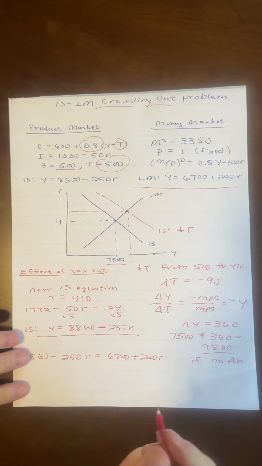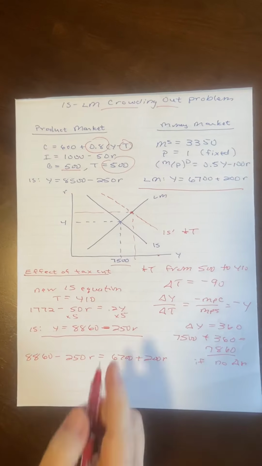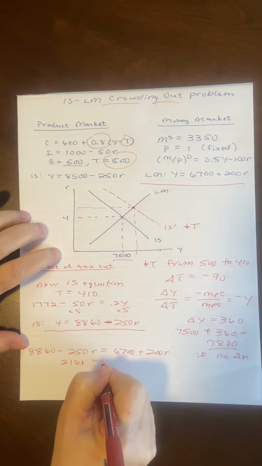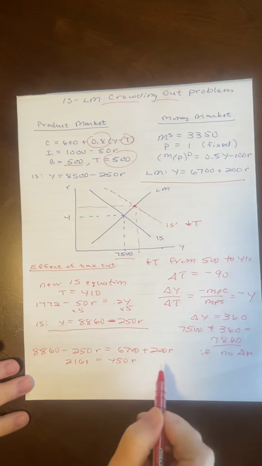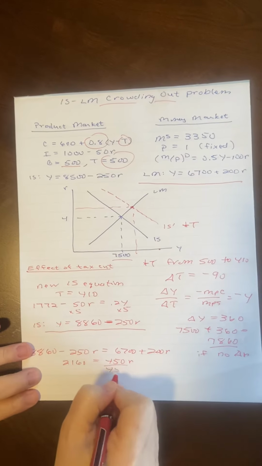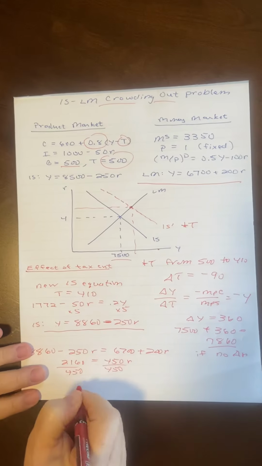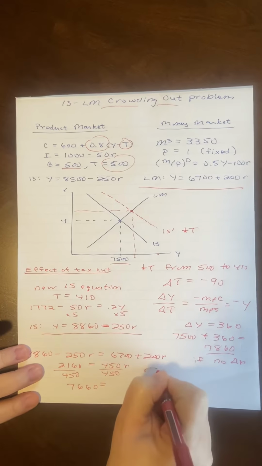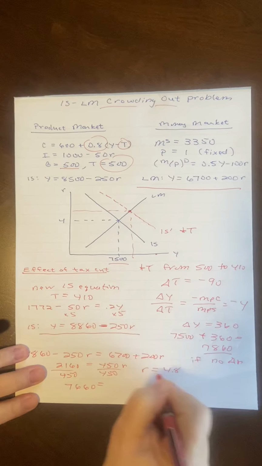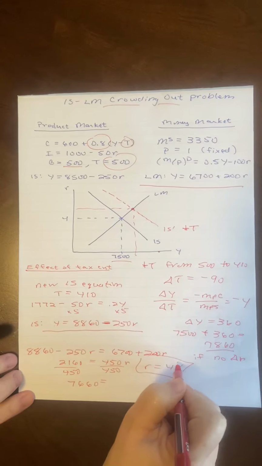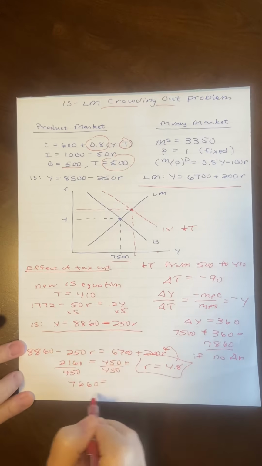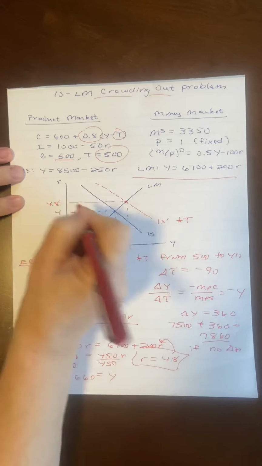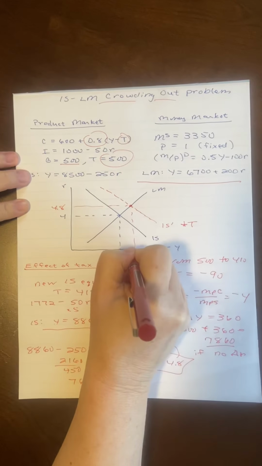So then that gives you 2,160 if we subtract 6,700 from both sides, and then 450 times R on the right side if we add the 250R, and then divide through by 450, and you get your new interest rate is 4.8, and then if you plug that into your IS or your LM, you'll get 7,660 is your new income value. So this number is 4.8. This number is 7,660.